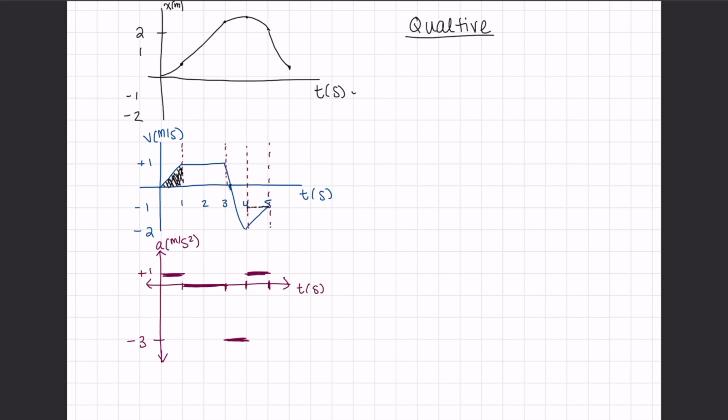So we know that position is increasing, so velocity is definitely positive here and here, but at this point the slope starts slow and gets steeper.